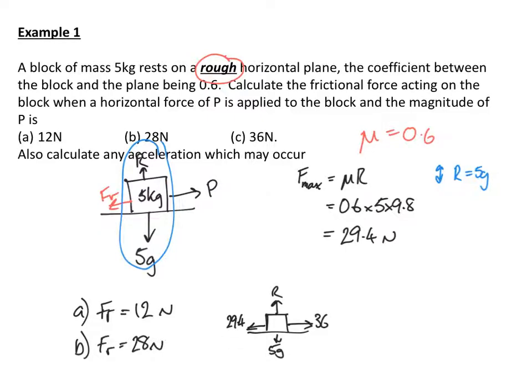Our force of 36 is going to overpower the 29.4 newtons, and this body is going to accelerate to the right. Using Newton's second law, F equals ma, 36 minus 29.4 is equal to the mass, which is 5, times the acceleration. The acceleration then is 6.6 divided by 5, which is 1.32.